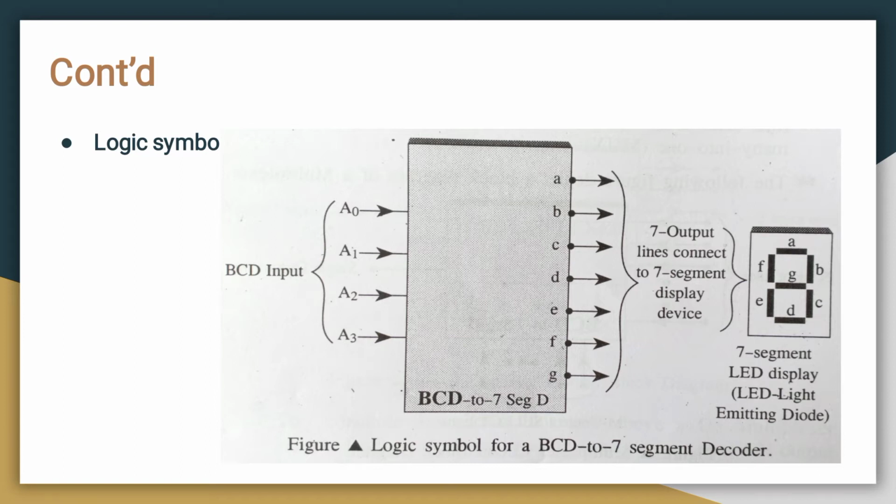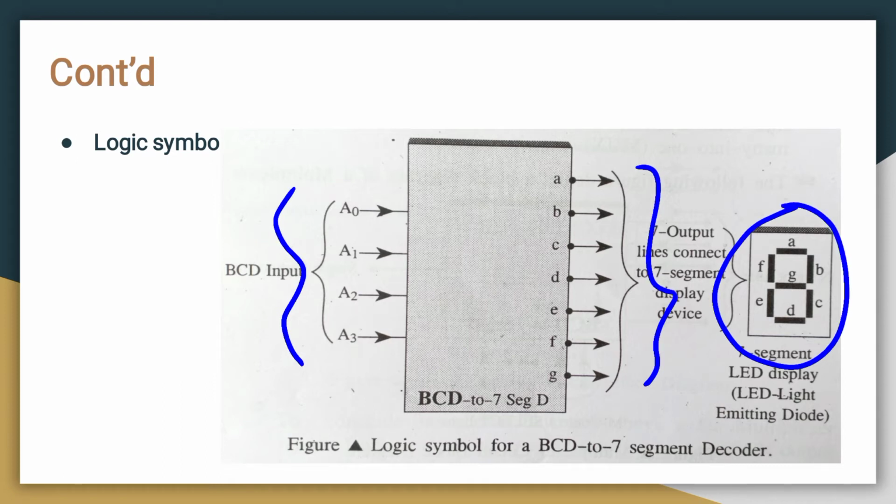See, this is the figure of the BCD to 7 segment decoder. These are the inputs and these are the outputs. Depending on this input, the output will be given here. This is the digitized LED display A, B, C, D, E, F, G. These are the LEDs.